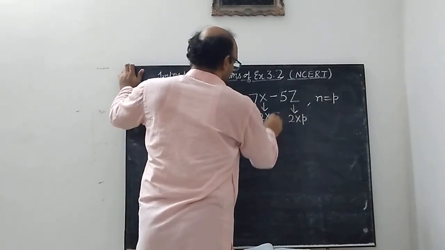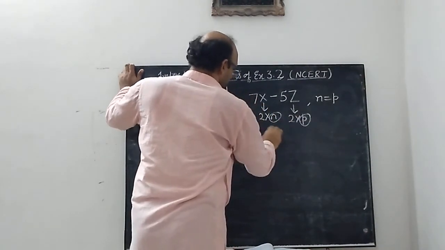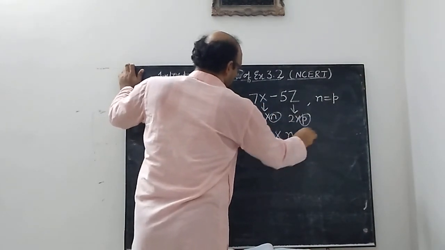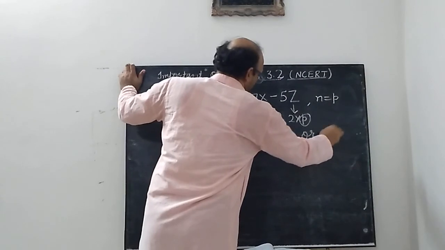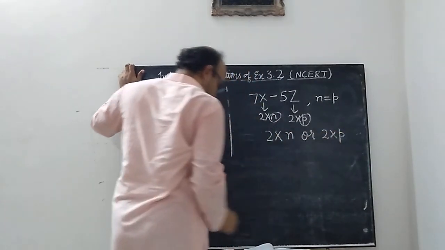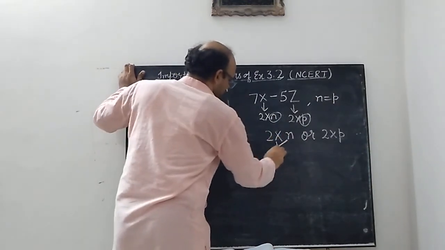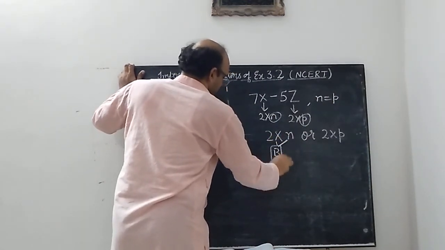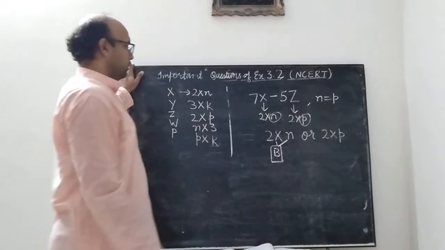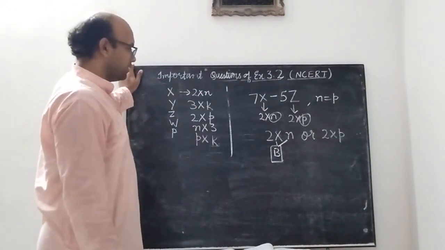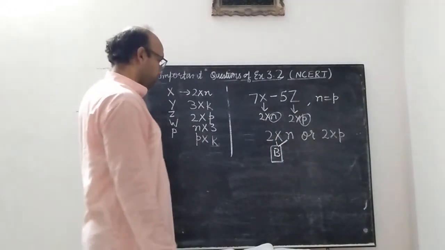So obviously n and p are given to be equal. So the order will be either 2 cross n or 2 cross p. Of the options given, 2 cross n is given in the question, which is option B. So we have the answer as B.